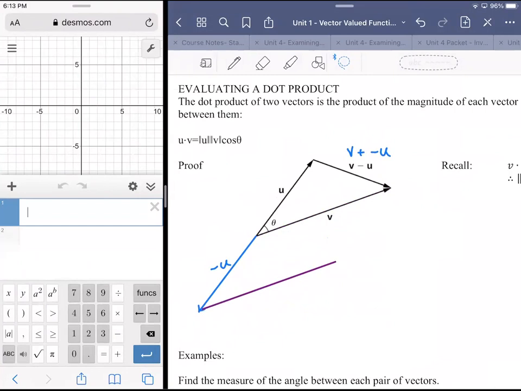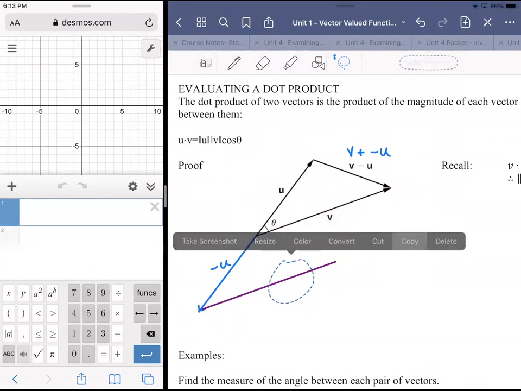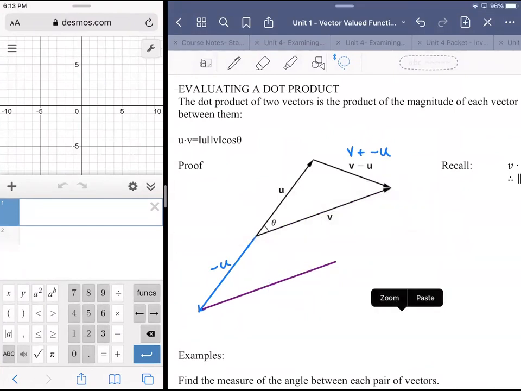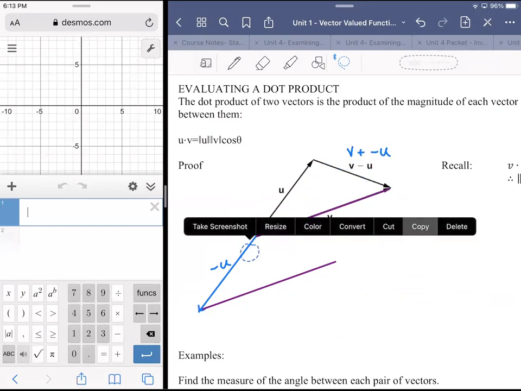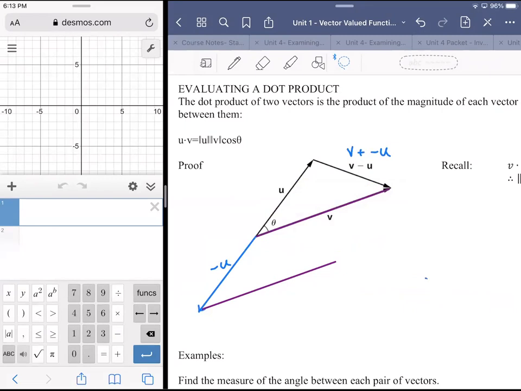All right, but I'm going to create a parallelogram here. And let me just leave the purple one there. Add v so we know what it is that we're adding. I'm going to pop the negative u here.